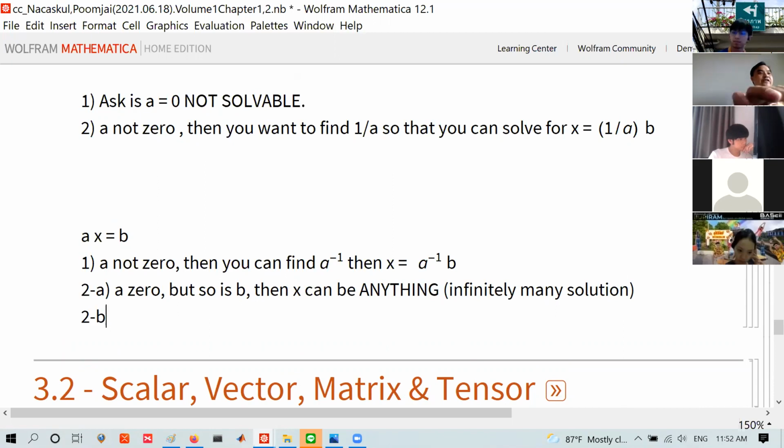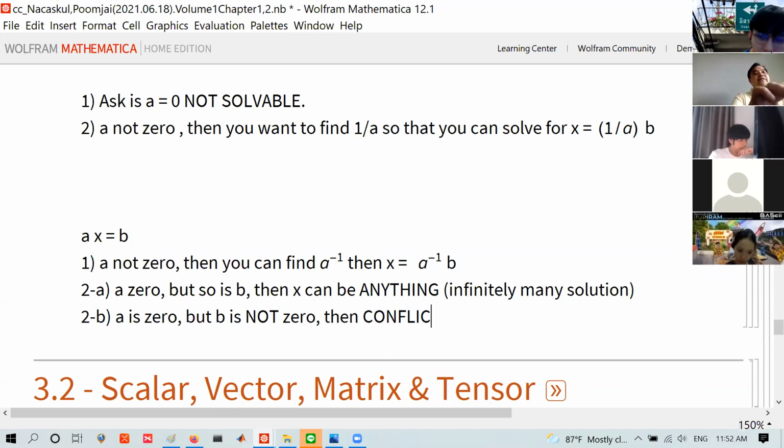And you have situation 2B: A is 0, but B is not 0. Then you have a conflict, i.e. no solution.